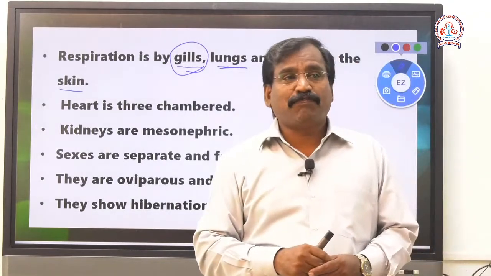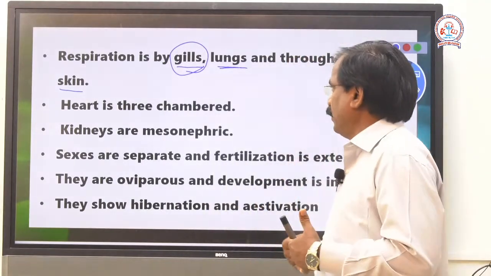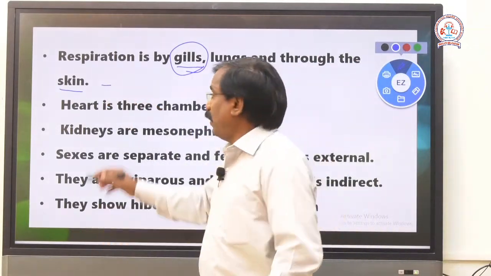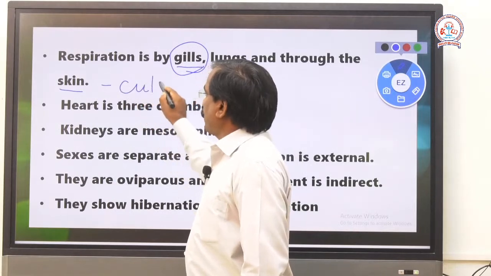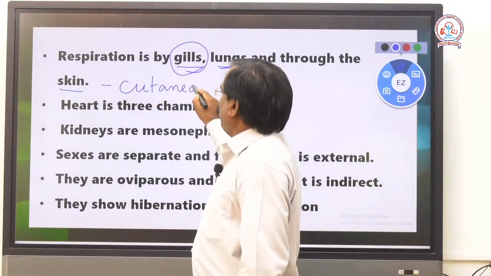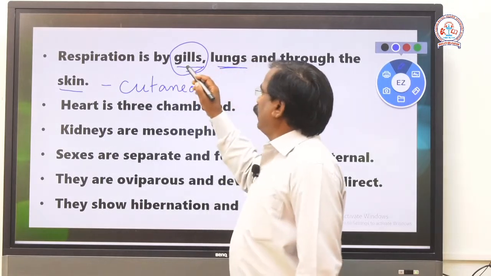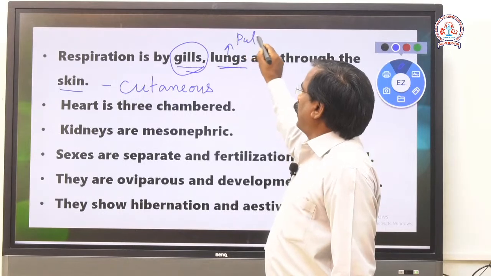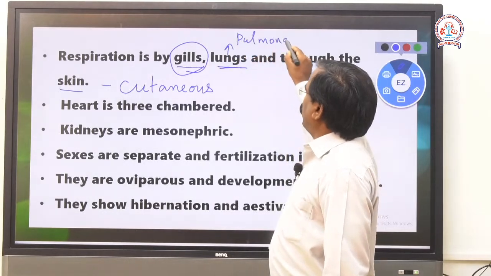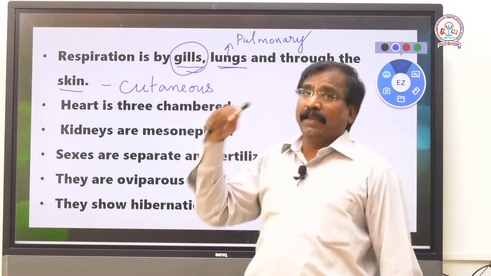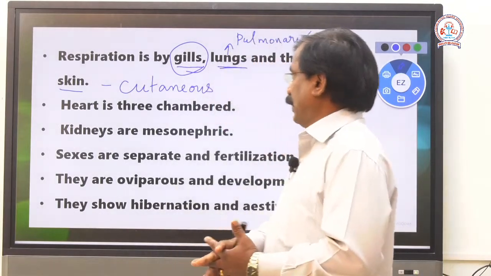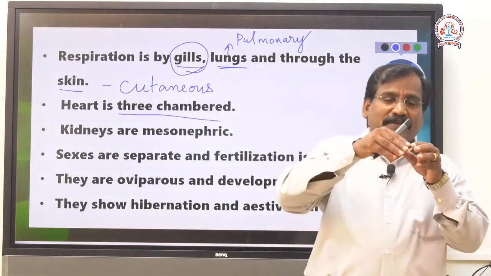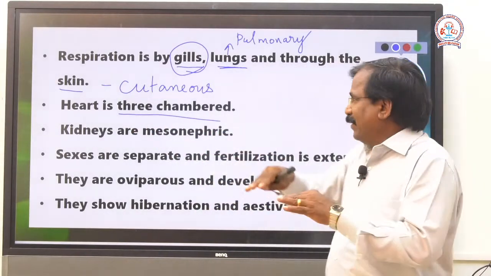Respiration by lungs is pulmonary respiration, and respiration by skin is called cutaneous respiration. Gills, lungs and skin. The heart is 3-chambered.